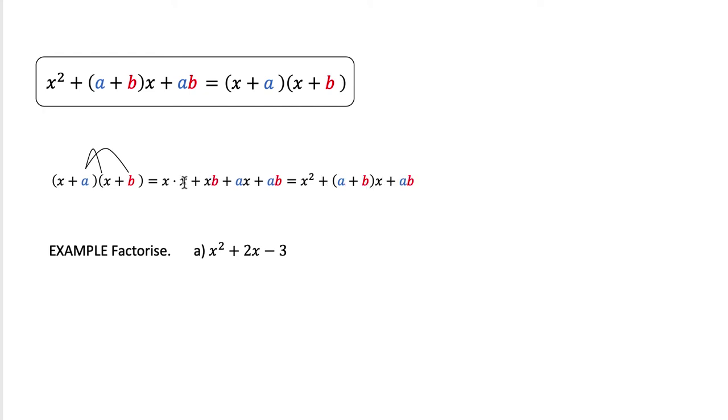And in here we can see that x times x is x squared, and from the 2 terms in the middle, we can take the common factor of x, and then inside the brackets we'll have b plus a or a plus b. So we can see that this, when opening brackets, gives that.